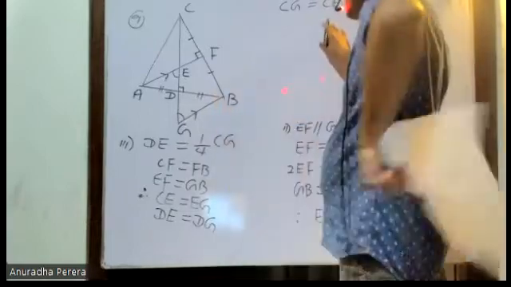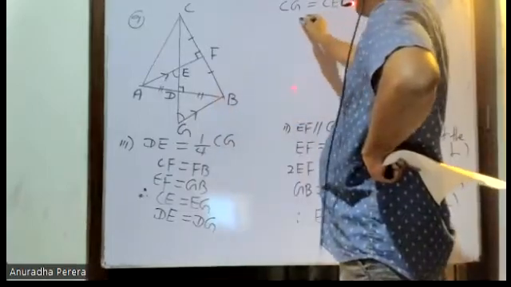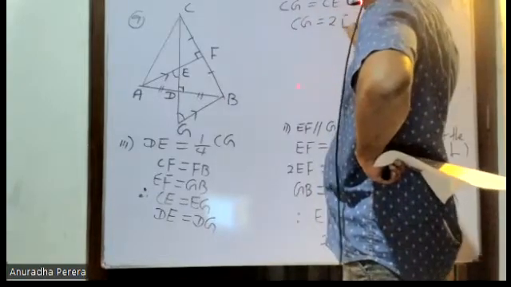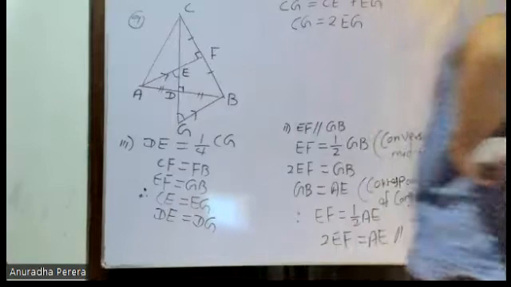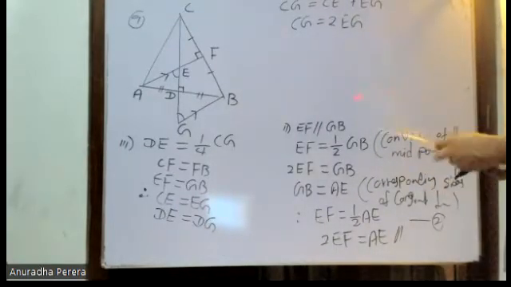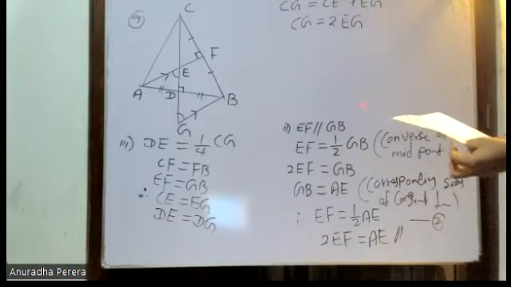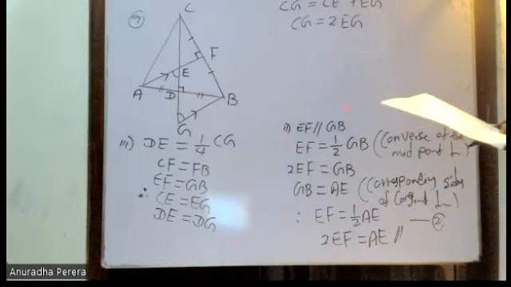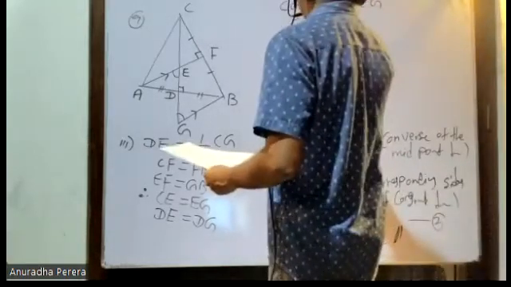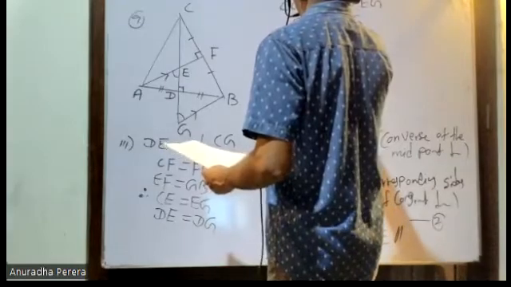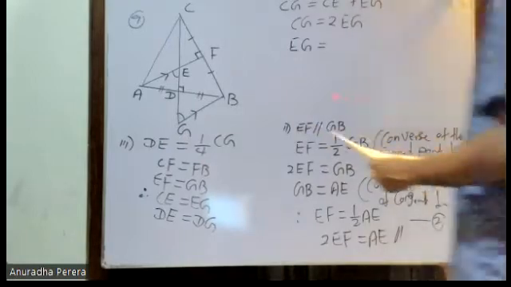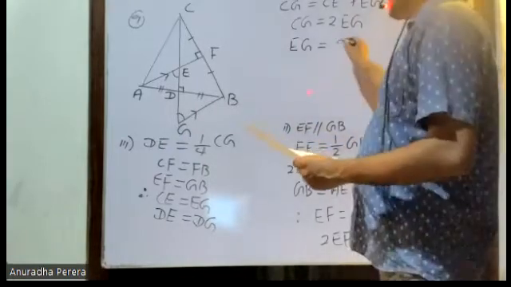CG equals to EG, and EG equals 2 times DE.